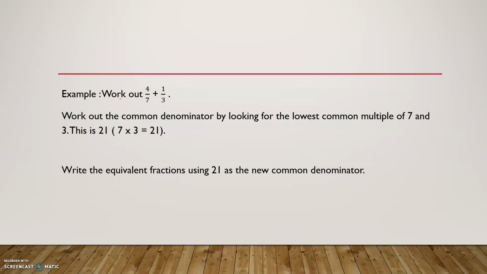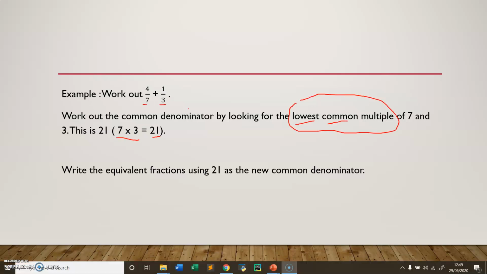Next example, it says work out 4/7 plus 1/3. Okay, with this example, we have to work out the lowest common multiple between 7 and 3, the denominators.